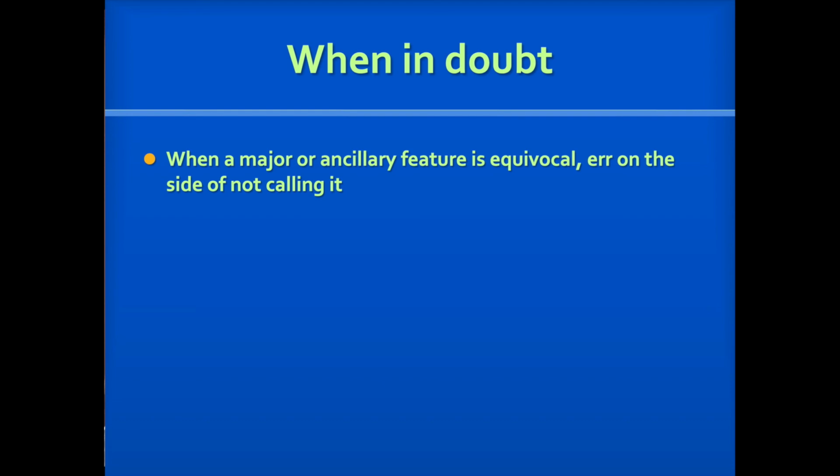With all major findings in LI-RADS, if the finding is equivocal, do not call it. The accuracy of LI-RADS is predicated on major findings being definitely present. If you're equivocal about whether or not the finding is present, don't call it, because you'll be decreasing your accuracy or your specificity, particularly for LR5 findings.